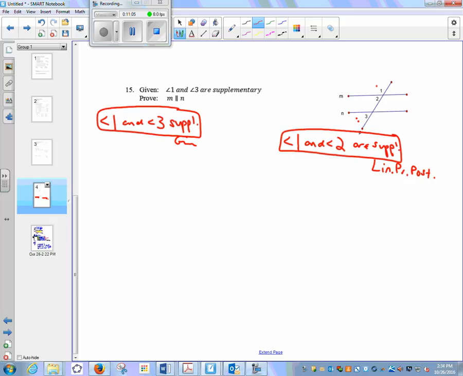Okay, is there a shortcut? Not 2 equals 3, but 2 is congruent to 3 because of congruent supplements. If we have 2 angles, 2 and 3, that are both supplementary to the same angle, angle 1, then 2 and 3 are going to be congruent to each other by the congruent supplements theorem.